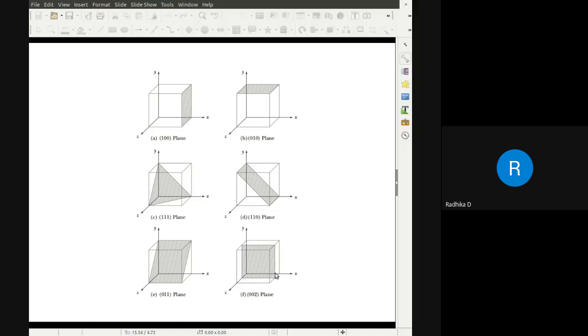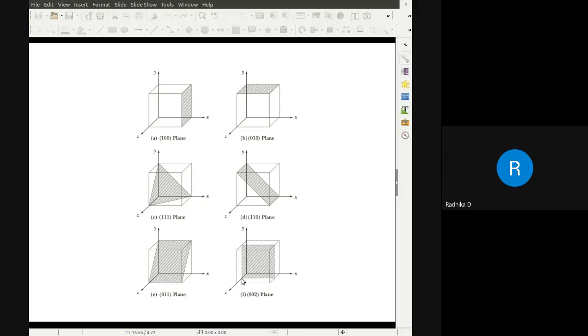Alright. Now what about this fellow? I will come to this plane F which I have shown you. The shaded region, we are talking about the shaded region. X-axis it is not touching, that means infinity. Y-axis, infinity. What about Z-axis? It has not come till the full 1, but it is somewhere in between, so it is at a distance of half unit.